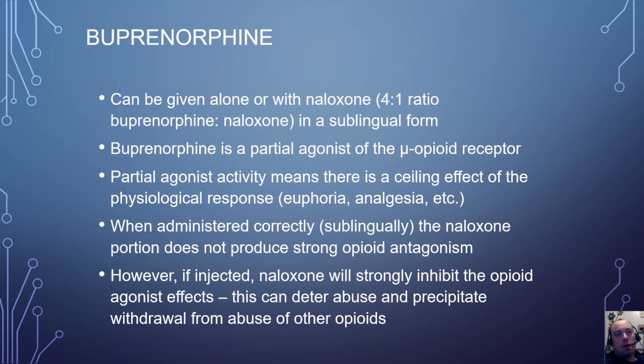Whereas if you take it the correct way, which is sublingual, you will not block the analgesia, and you won't get much euphoria really, because it's a very controlled amount and it's a partial agonist.